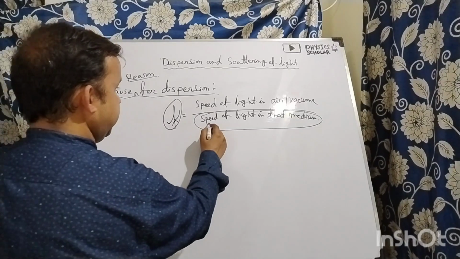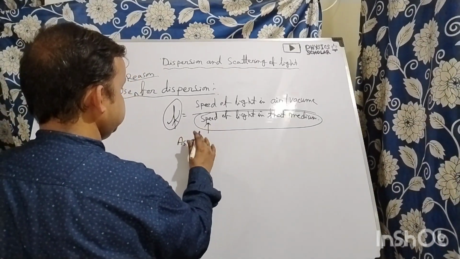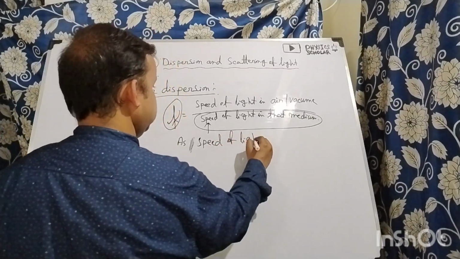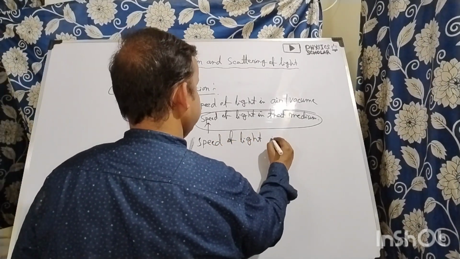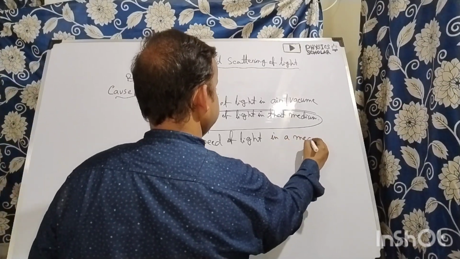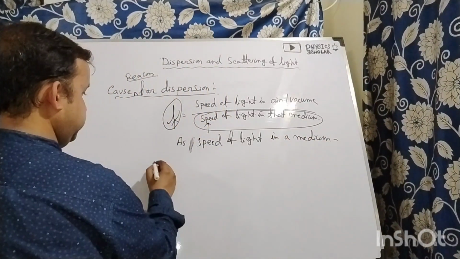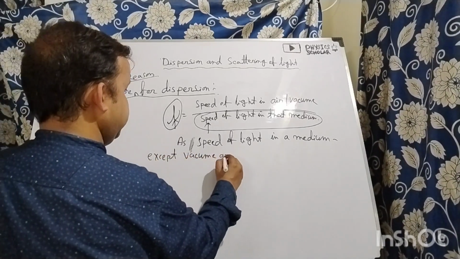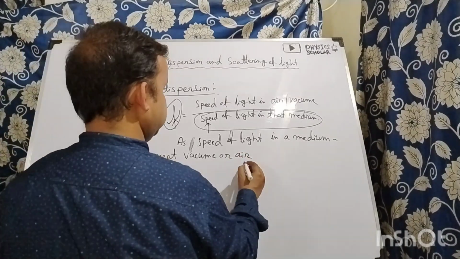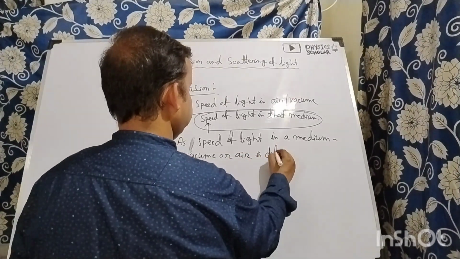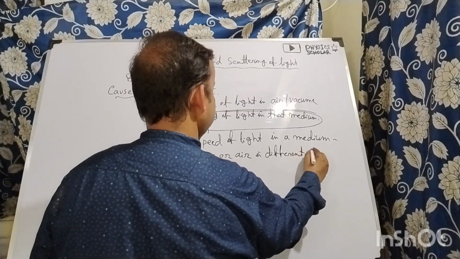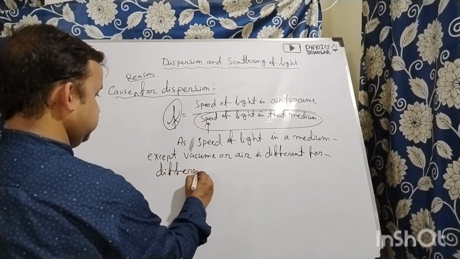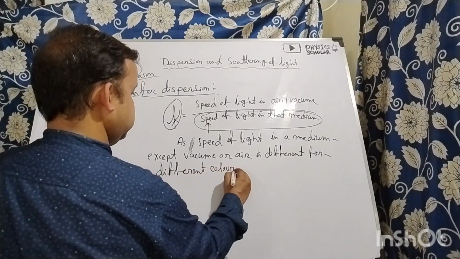So the speed of light in a medium except vacuum or air is different for different colors of light.